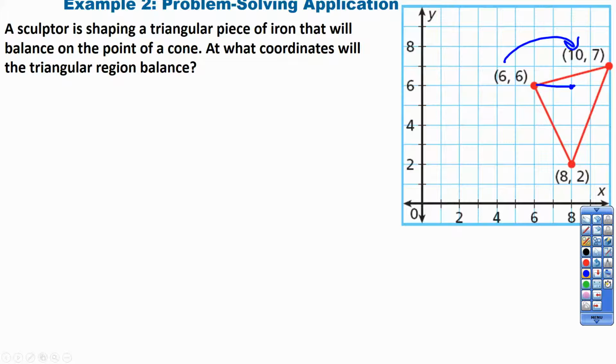And then from 6 to 7, how far is that? 1. So how far do we go up? Half. So right here. So in order to find the midpoint, we went over, we know that this is 4, so we went over 2.